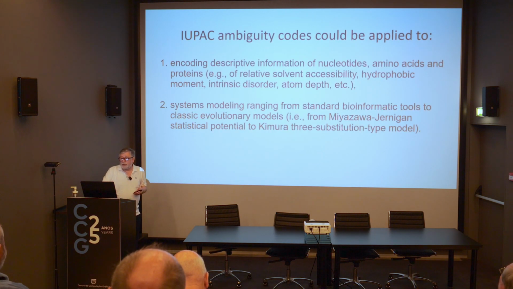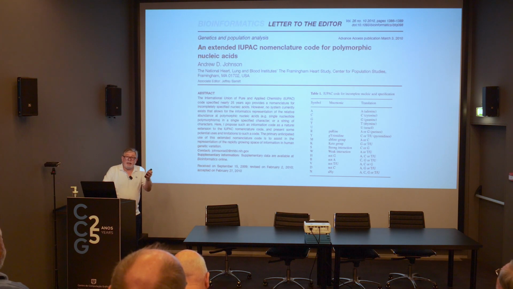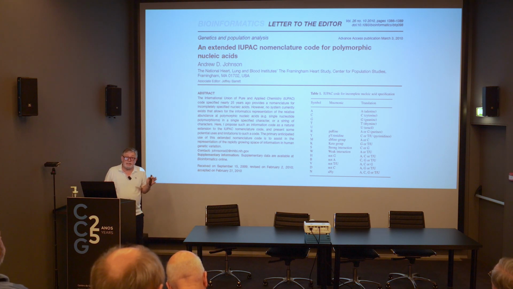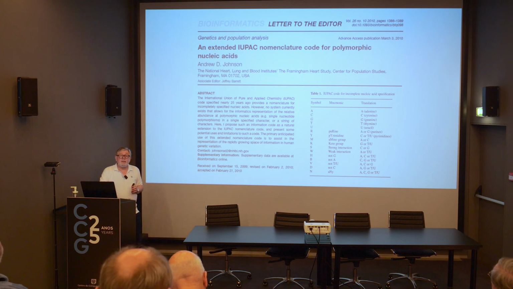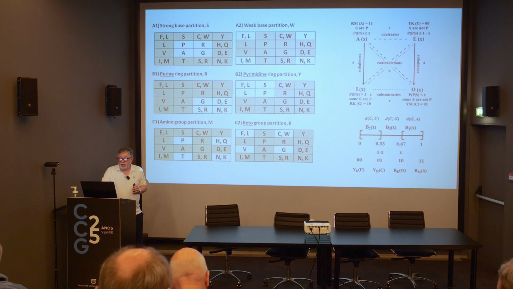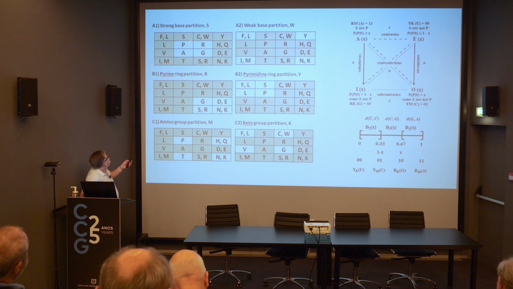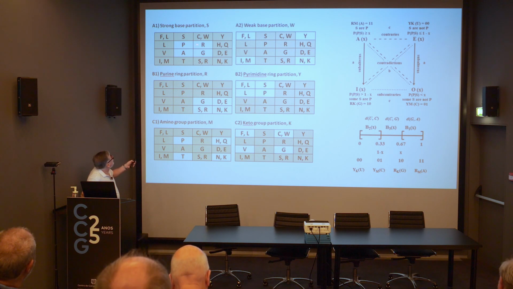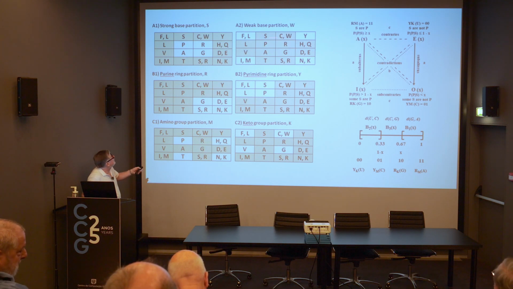Okay, the IUPAC ambiguity code was applied. As I said, it's also important for analysis of some differences in sequences. And we see the central part of the algorithm, with 6 hydrogen bonds for triplets, and 4 bonds.